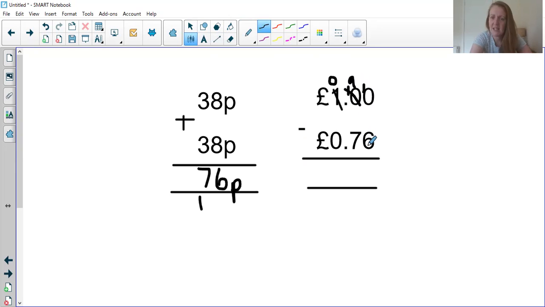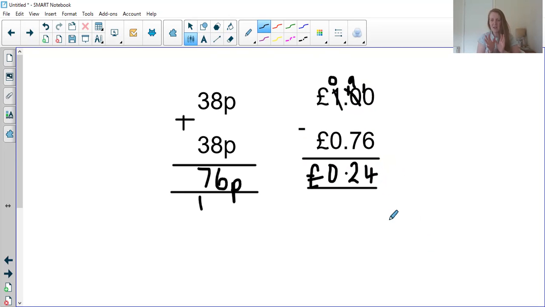So I've got 10 take away 6, which is 4. I've now got 9 take away 7, like we did before, leaving me with 2. Put my decimal point in. 0 take away 0, because I've got no pounds now, is 0, giving me my answer of no pounds and 24 pence, making it 24p.